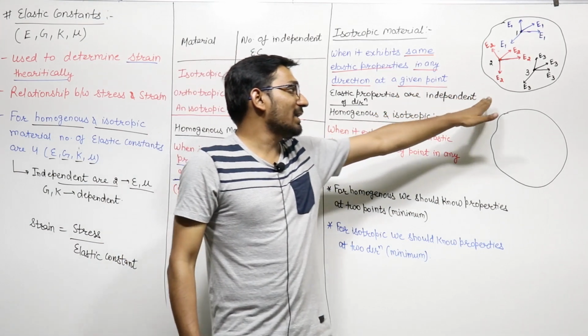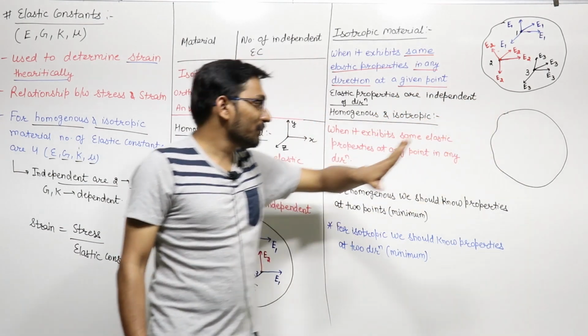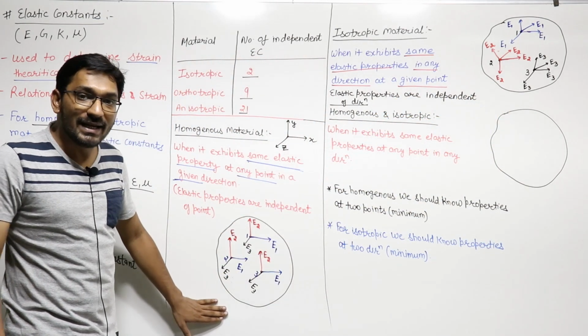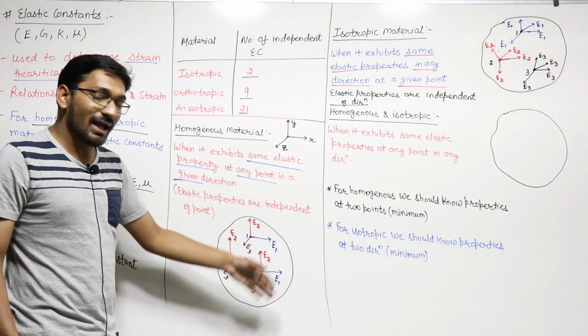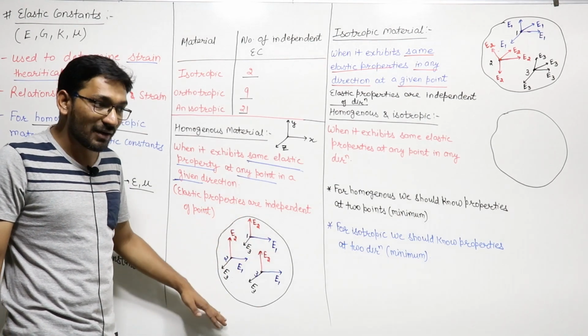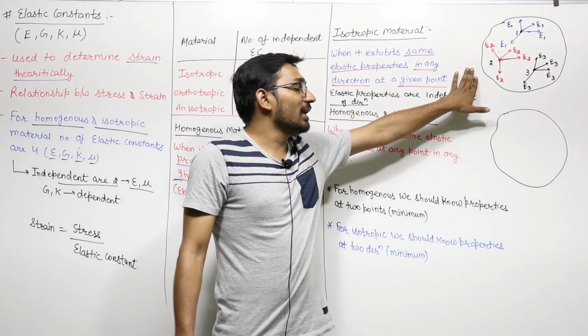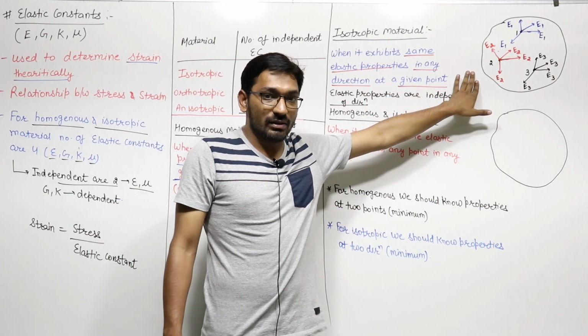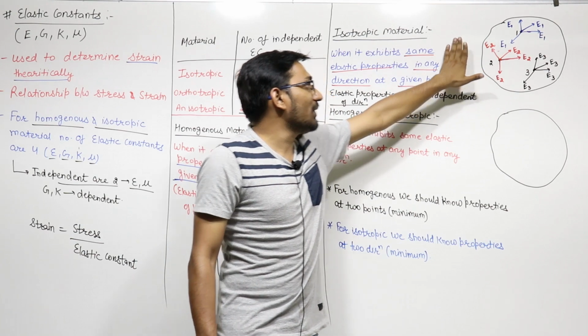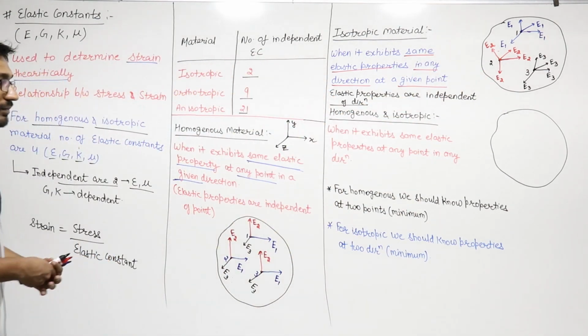So in this, at a given point in any direction, and in the homogeneous case, in a given direction at any point. So this is the meaning of isotropic material.